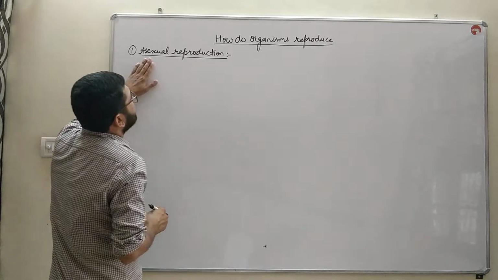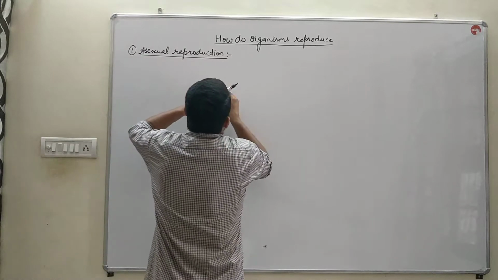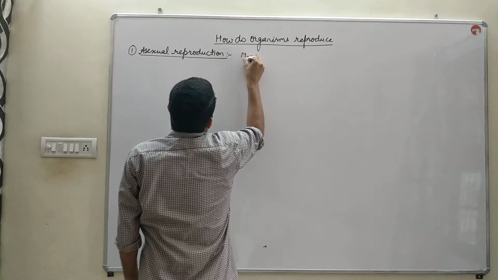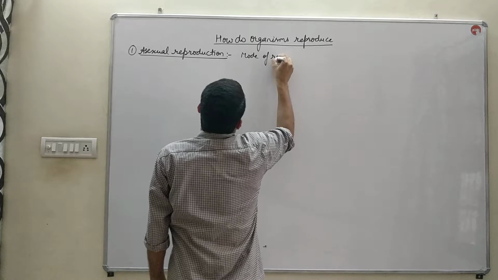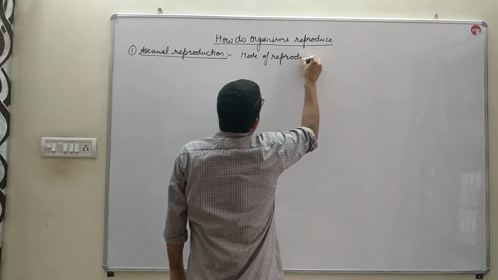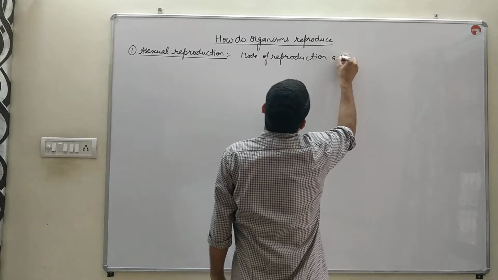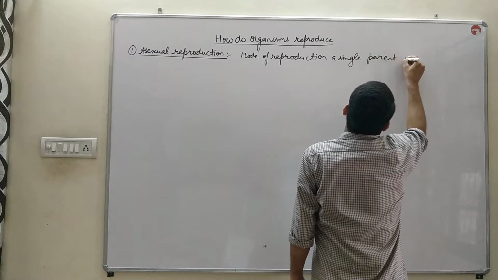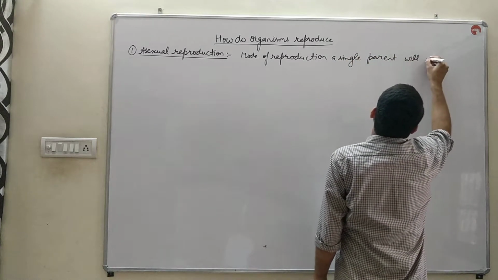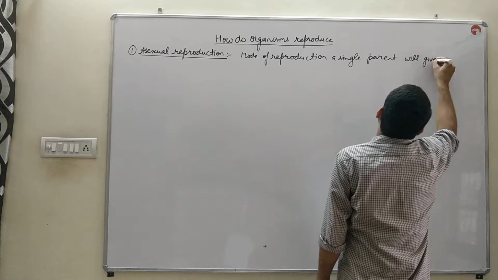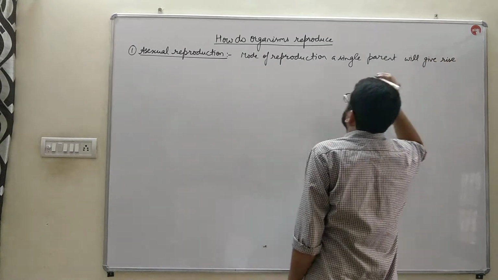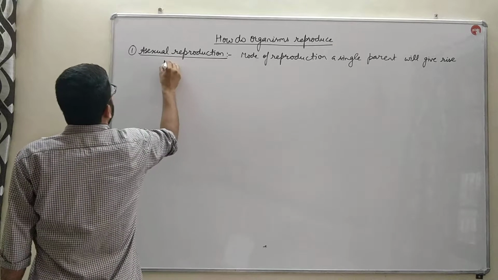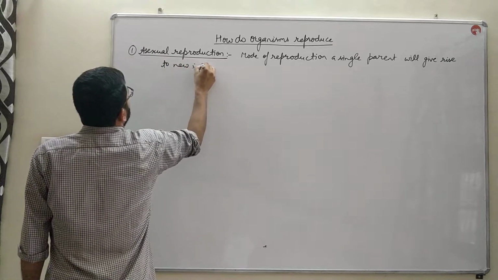As its name indicates, the mode of reproduction in which a single parent will give rise to young ones or new organisms is known as asexual mode of reproduction.